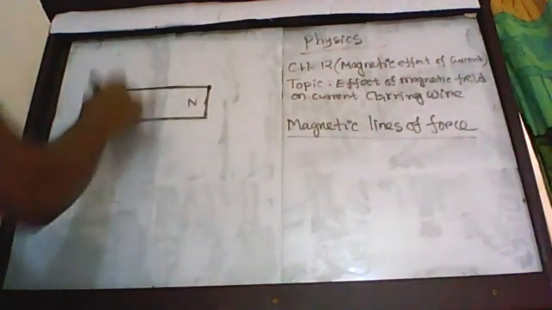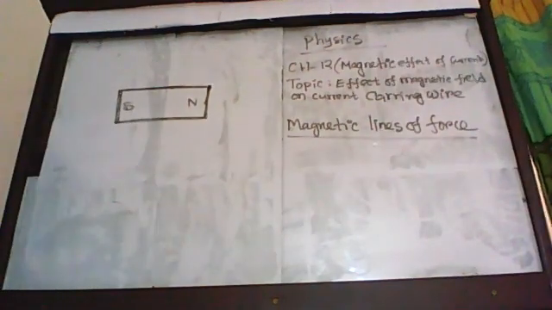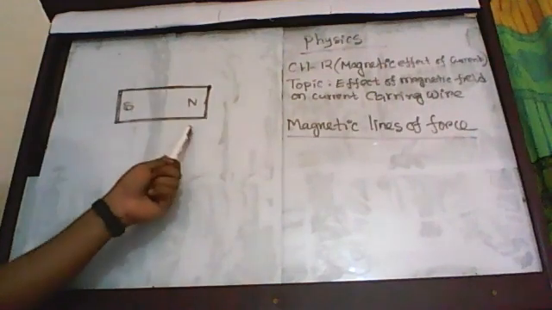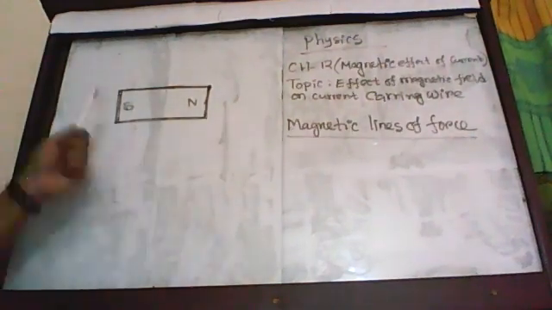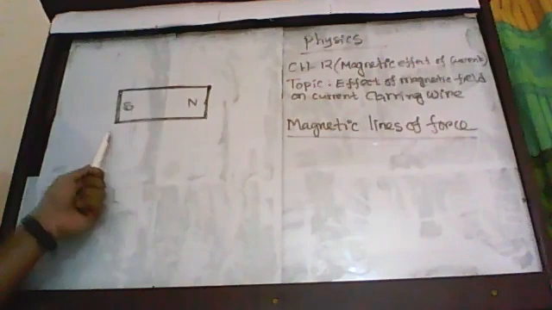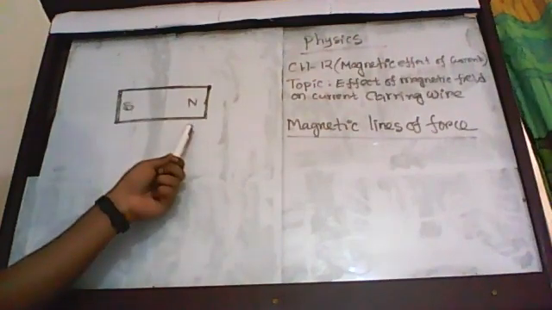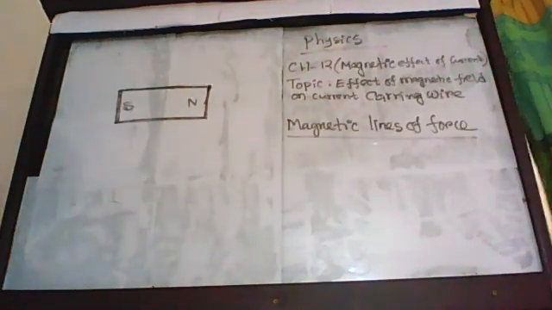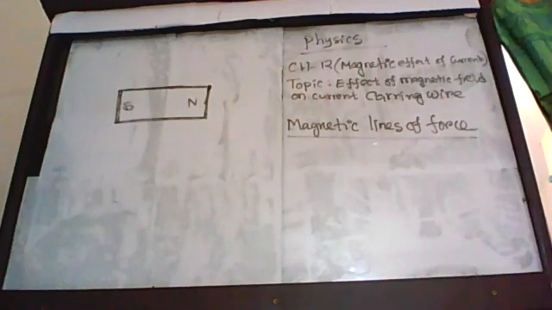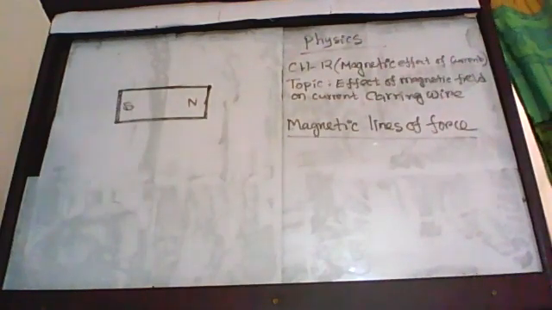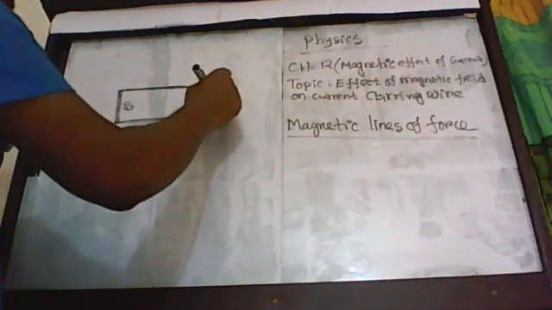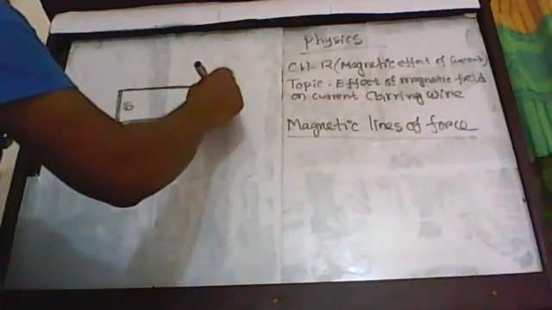So this is a bar magnet, and this pole is called north pole, and this pole is called south pole. If I take a very small piece of north pole, say boys and girls, this one is a very small piece of north pole.